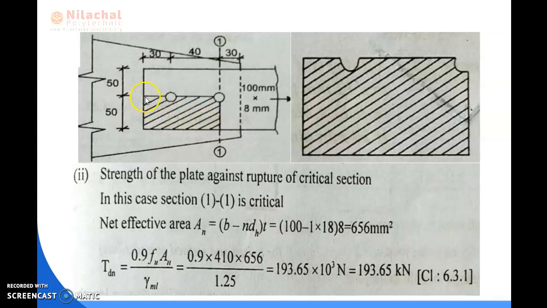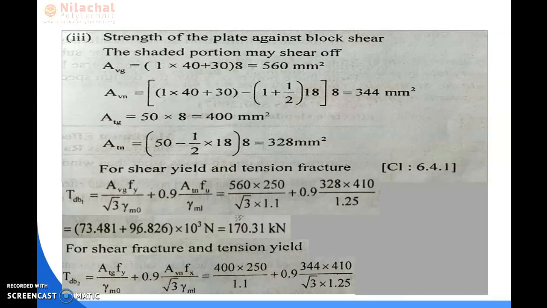So here you can see this portion to this portion value is 50 mm. So the width of the plate along the T line is 50 mm and the thickness is 8 mm. So by calculating 50 into 8, we will get the value of ATG, which is 400 mm square.